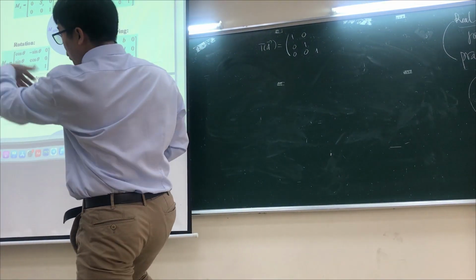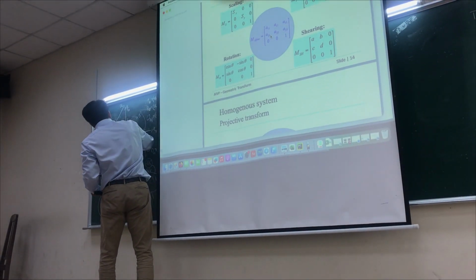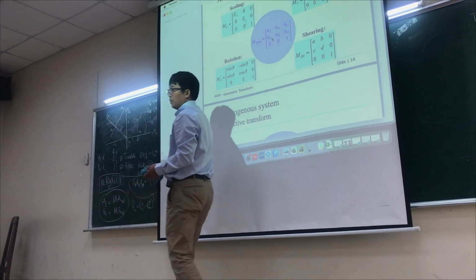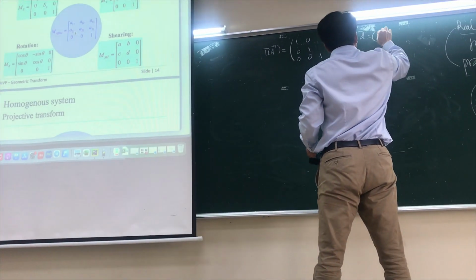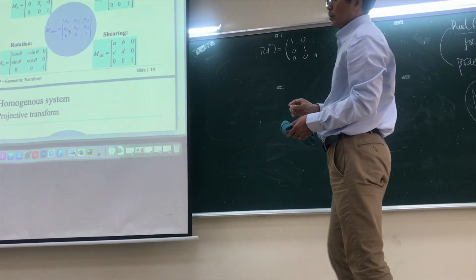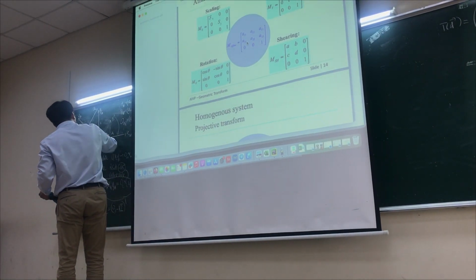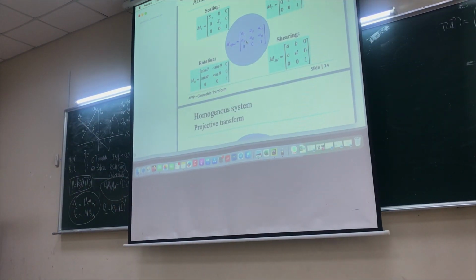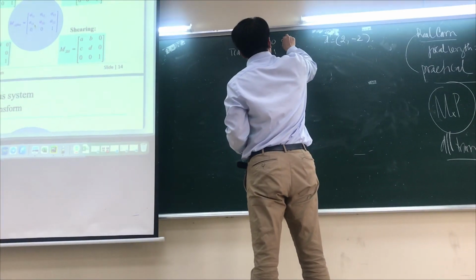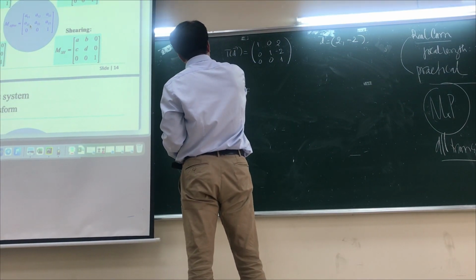The vector that goes to the origin. The vector here is x equal to 2 and y equal to minus 2. So you can write here 2, minus 2.